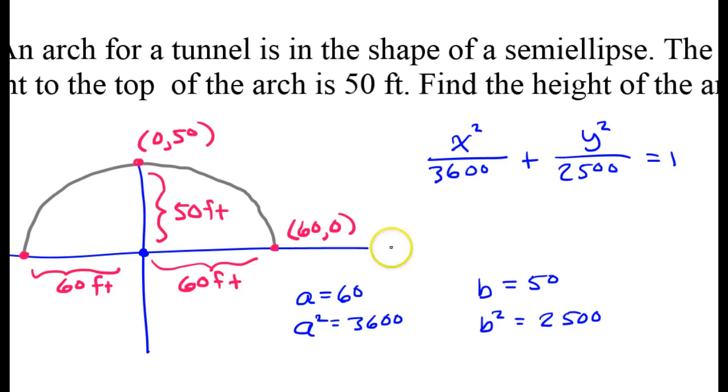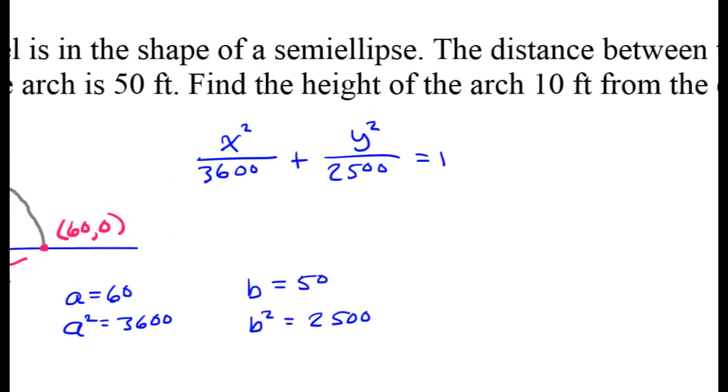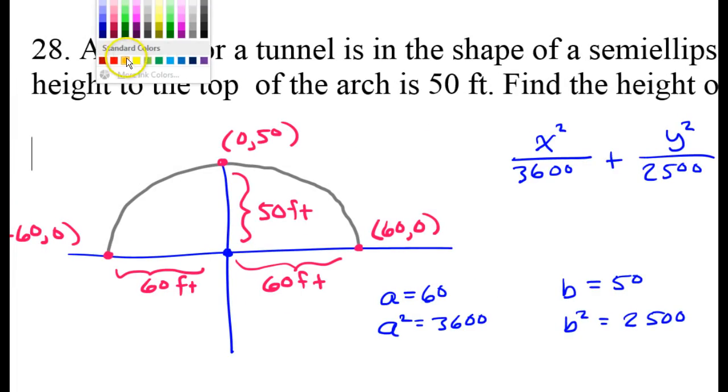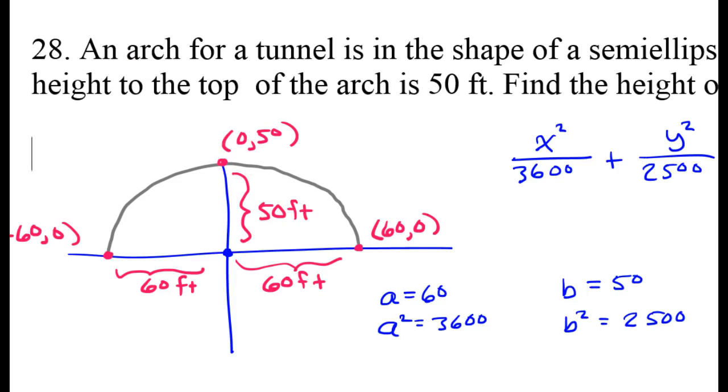So if I want to find the height of the arch 10 feet from the center, okay, you know what, let me just erase a little of this work that I've done. Okay, so here we are 60 feet from the center. We're at the ground, 60 feet from the center. 10 feet from the center might be like, for example, right here.